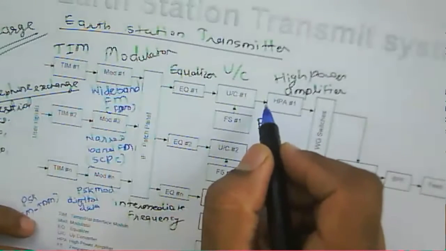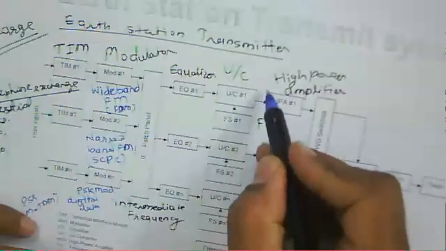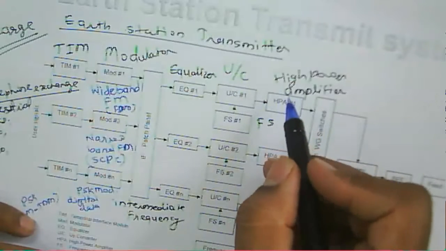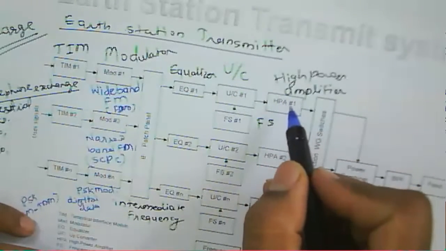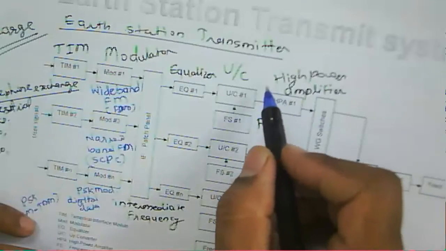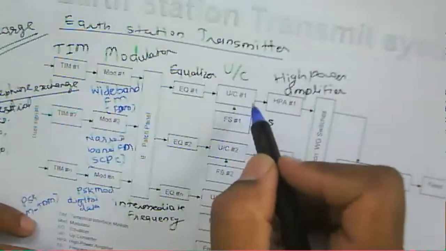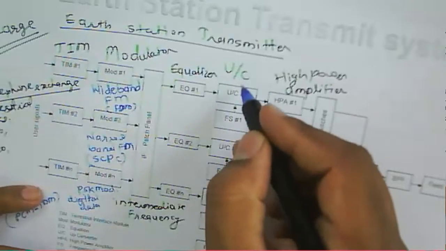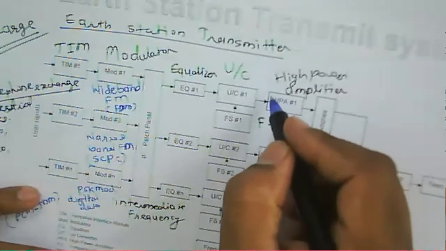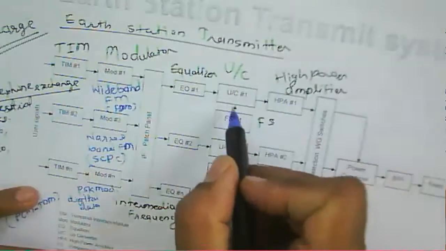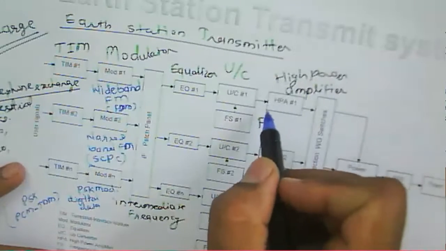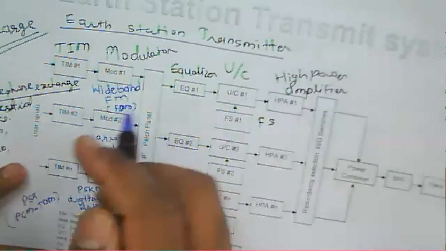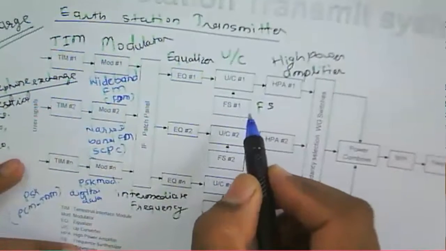And that up converted signal will be transmitted to this high power amplifier. The input of this high power amplifier is nothing but an up converted signal or a radio frequency signal. And here a high power amplifier is used since that earth station is a large earth station.